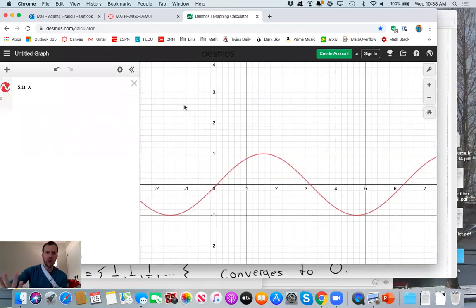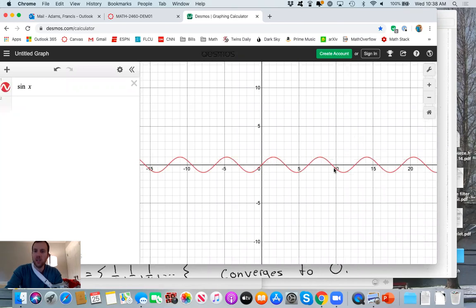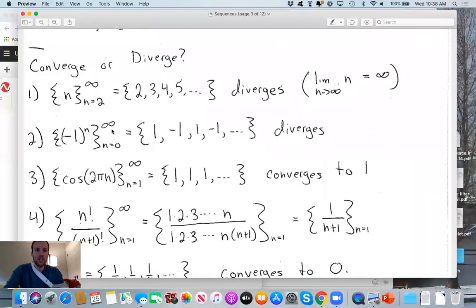So thinking of this as a function, it's a function of x, not a sequence, but the limit as x goes to infinity of sine x, that limit doesn't exist because sine just keeps oscillating back and forth. Sine never settles down, and so that was a case where the limit at infinity didn't exist because we were just bouncing around. And so that's the kind of behavior that's happening in this case. So we're just bouncing around, so the sequence diverges.